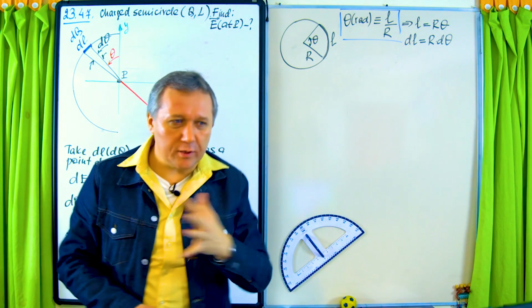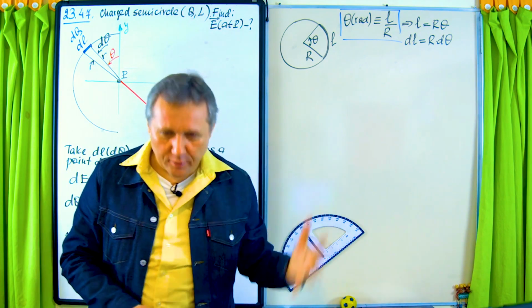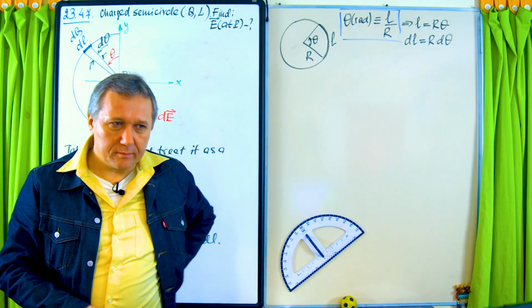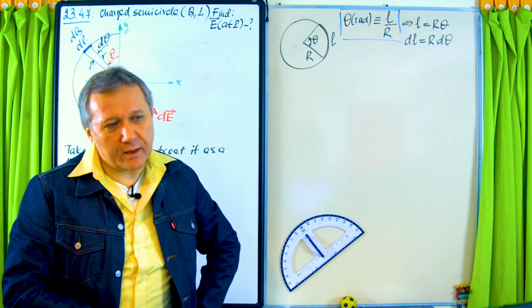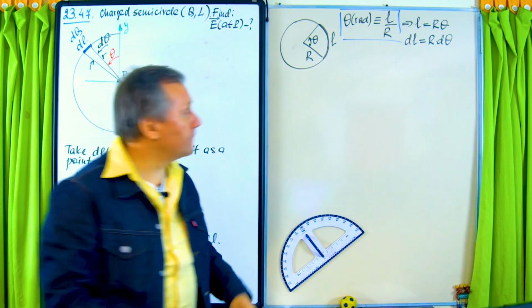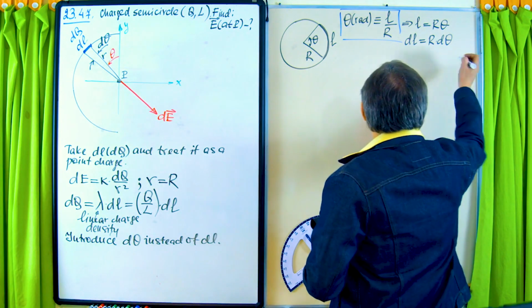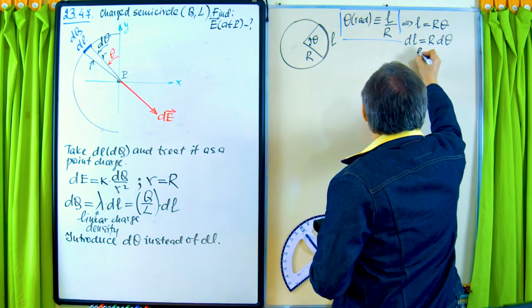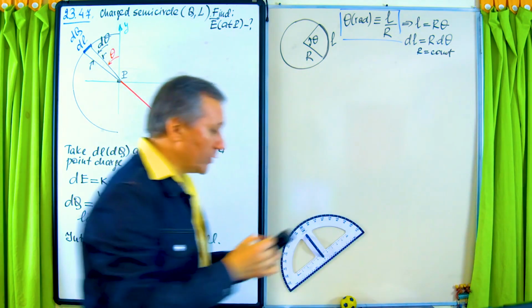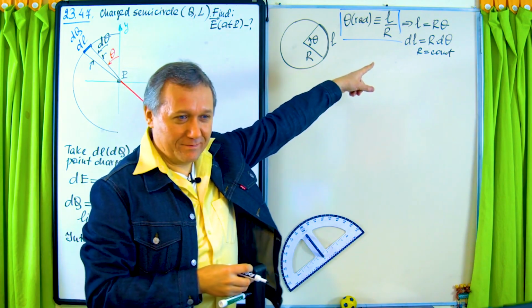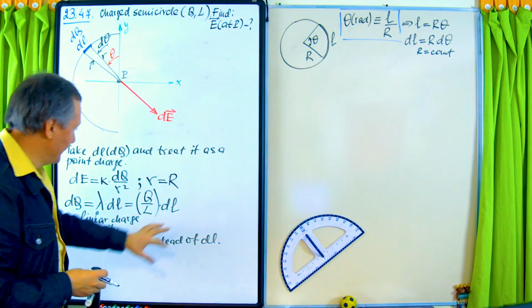You can use S, you can use L. It's a potato, basically the same. S and L are interchangeable. Of course, r is constant because it's a circle. Okay, so that's what we need over here.